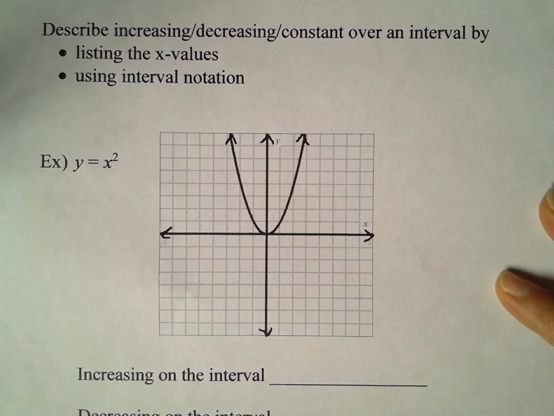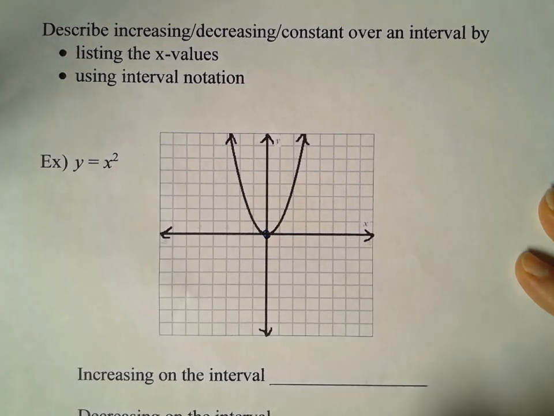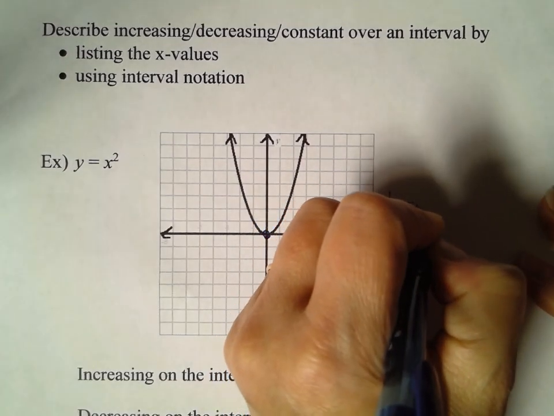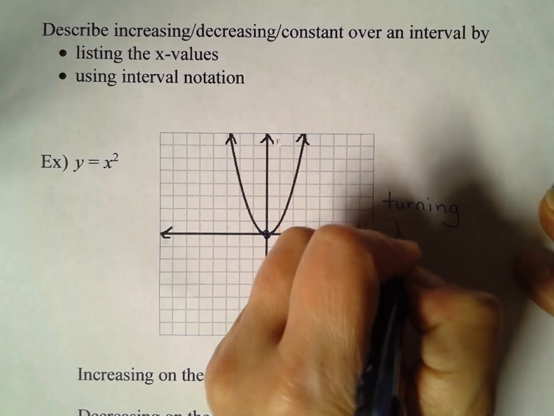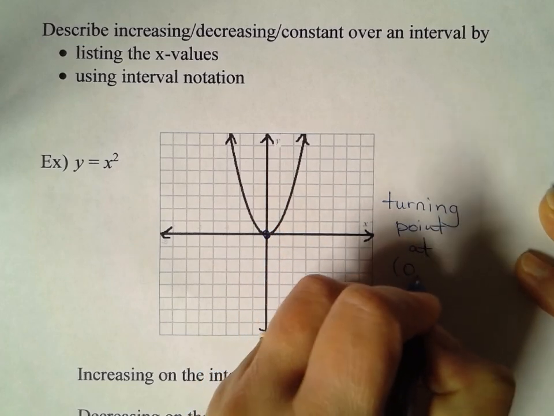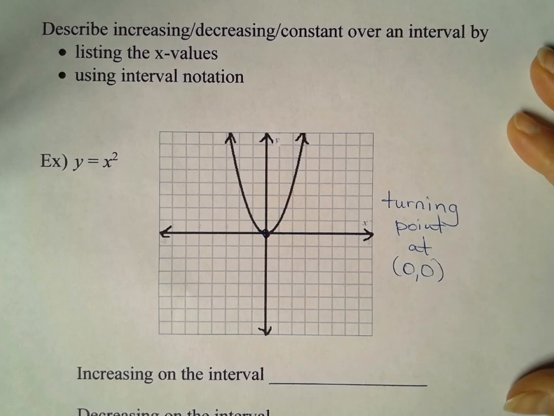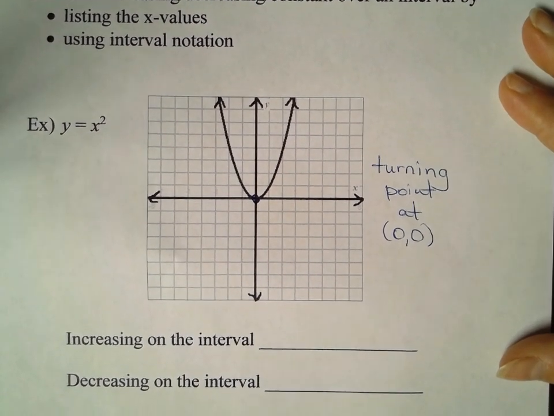Can you see the turning point on this graph? The turning point is here at 0, 0. So at x equals 0, the graph makes a change, and that divides it up into these categories.